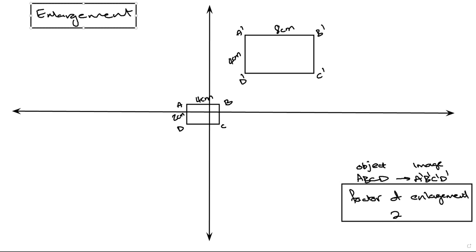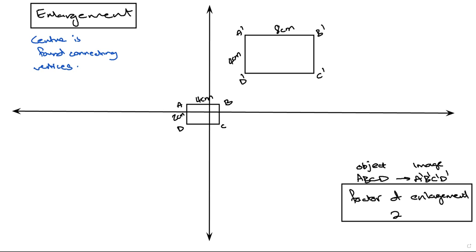The second thing is now finding the center of enlargement. When we want to find the center of enlargement, the center is found by connecting the vertices, mapping them one to the other, and then seeing where they meet up.